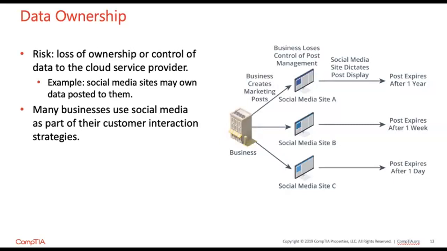Now, an example of this would be social media platforms often claiming ownership of content shared by users, right? And then finally is consideration. From the conversations we had around data ownership, you have to be aware of the data ownership policies of cloud and social media platforms as well. And how does that affect the customer strategy and organizational strategy as well?